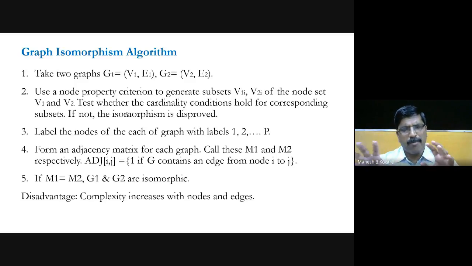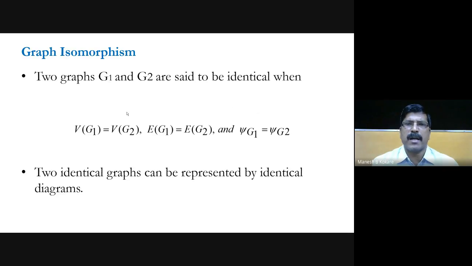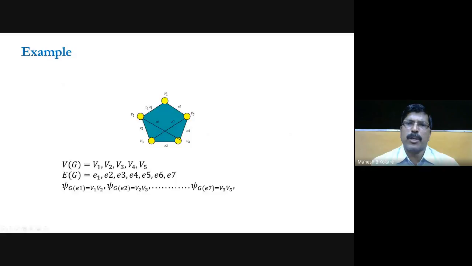Sometimes it may happen that the object is rotated, or the edges are given different names, like E1, E2, E3, E4. For example, instead of E1 here, somebody says it is E7, and E1 is somewhere else. In the first diagram, what is the size of E1?